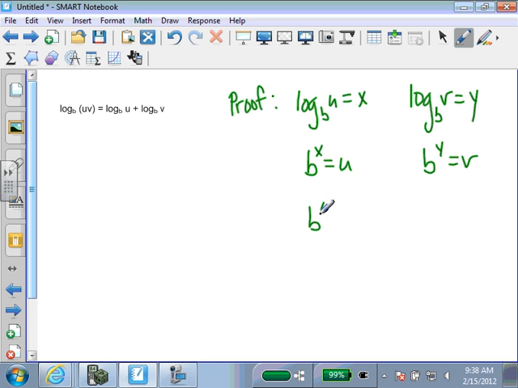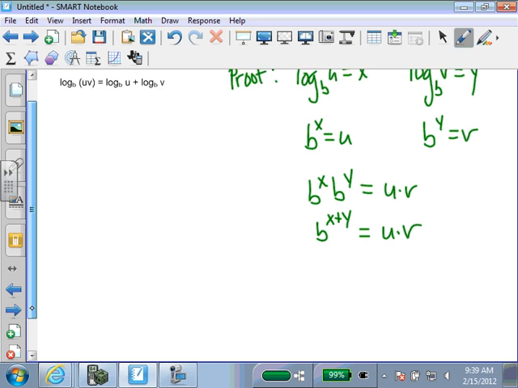So b to the x times b to the y must be equal to u times v, right? Because I multiply my left sides, multiply my right sides. Well, I know that b to the x times b to the y, when the base is the same, I add my exponents. So that would be b to the x plus y is equal to u times v.